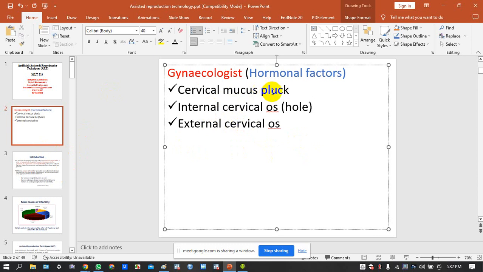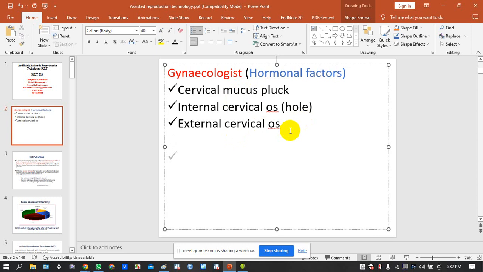So some of the sperms, if they are weak, they cannot swim across the cervical mucus plug to the fallopian tube to go and fertilize the ova or the egg. Some of the sperm too, you know, the vagina has an acid level, or the vagina is acidic.